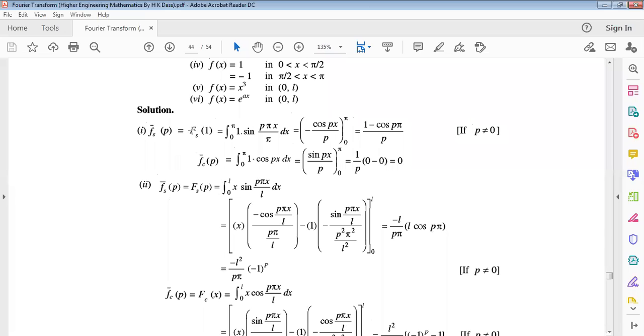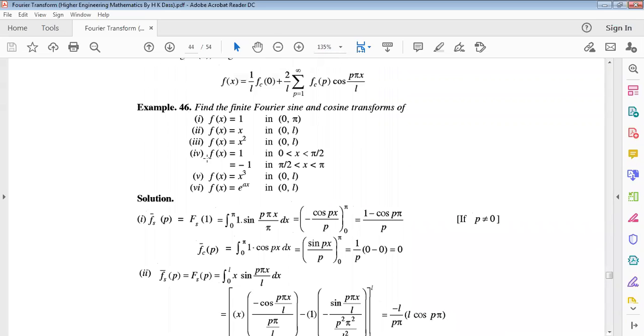Using the finite Fourier sine transform of 1, equals the integral from 0 to pi of 1 times sine of p pi x divided by pi. That means taking integration with respect to x, the integral of sine gives minus cos, dividing by the coefficient of x, pi and pi cancel, and p, this is the result.